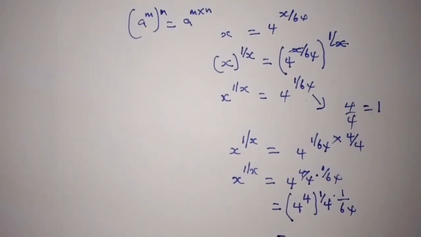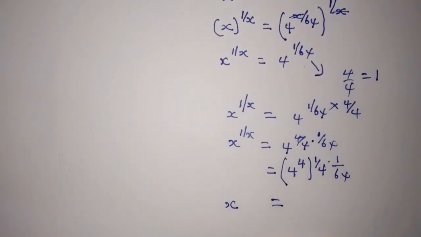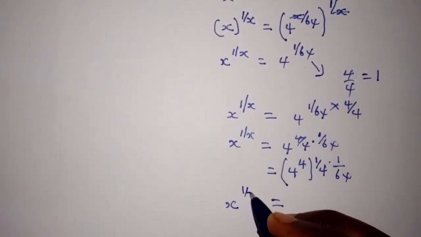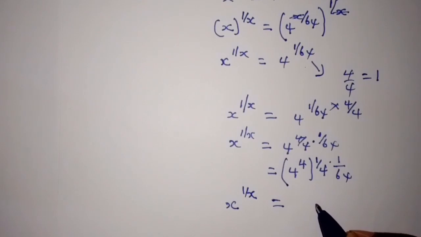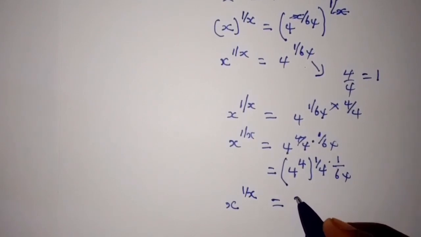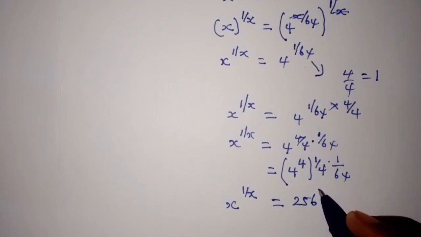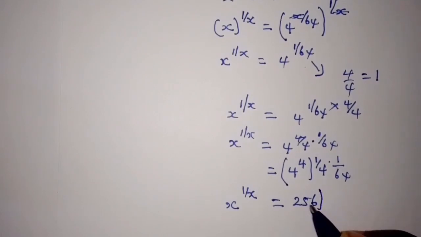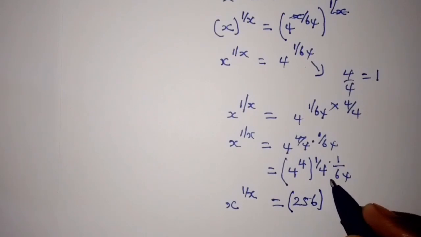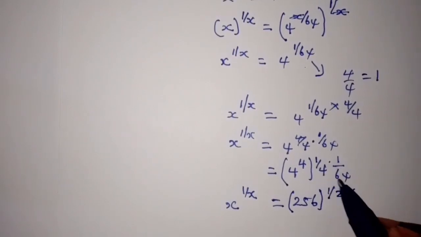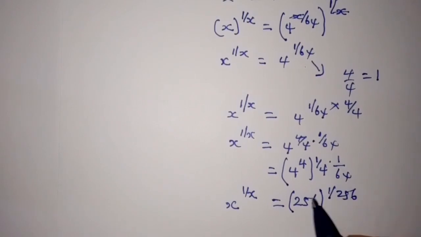And that is going to give us x power 1 over x is equal to 4 power 4, which is 256, power 1 over 256, since 4 times 64 is 256.